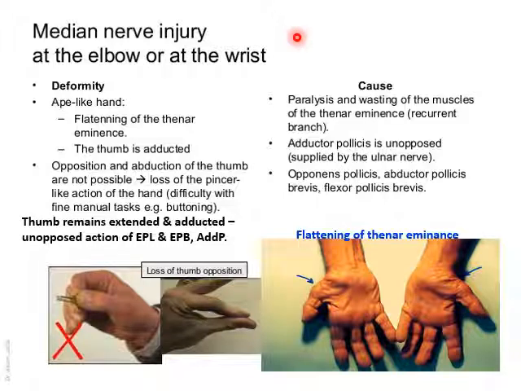So when we see the median nerve injury at elbow or at the wrist, the deformity that is seen is the ape-like hand, that is the flattening of the thenar eminence because of the atrophy of the thenar muscles, and the thumb you can say is adducted because the abduction of the thumb is lost, and the adduction of the thumb is more pronounced because of the adductor pollicis, which is supplied by ulnar nerve.